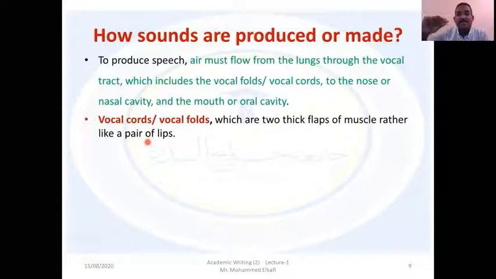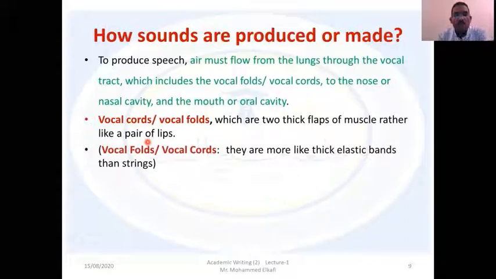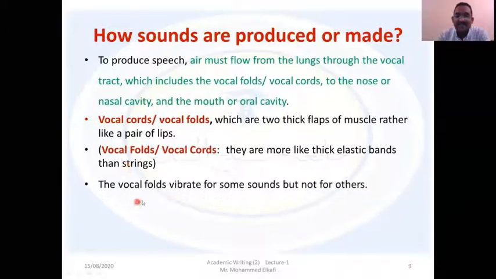Later in this lecture, inshallah, we'll talk about how the vocal folds or vocal cords are more like thick elastic bands than strings. The vocal folds also vibrate for some sounds, but not for others.